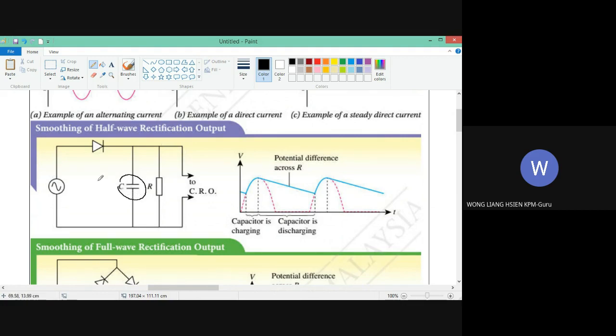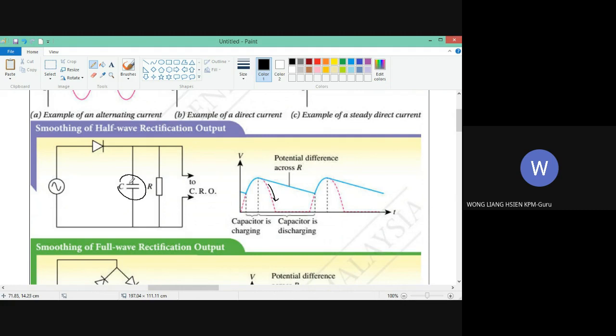So you see, when this alternating current goes up, it will charge up the capacitor. But when the alternating current changes direction and goes down, the potential difference that charges up the capacitor becomes weak.